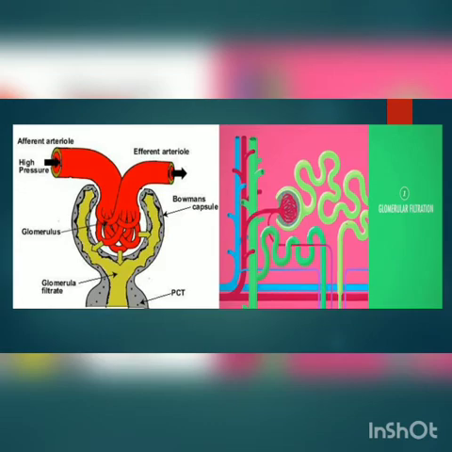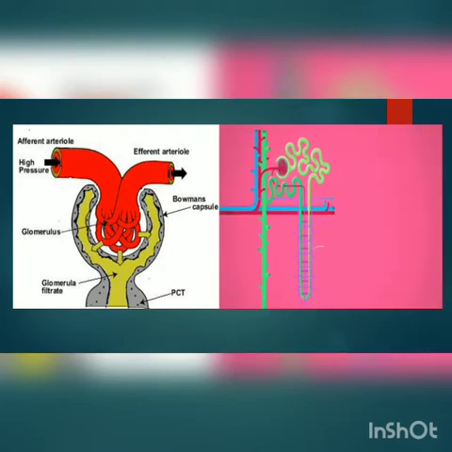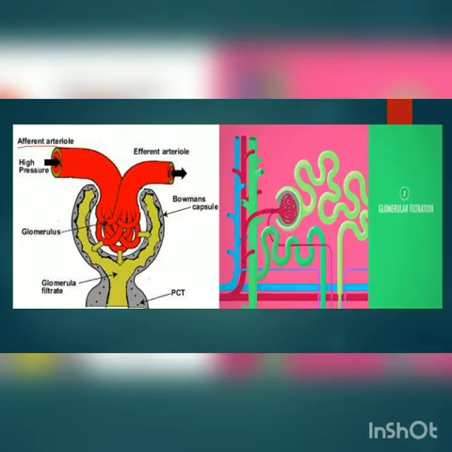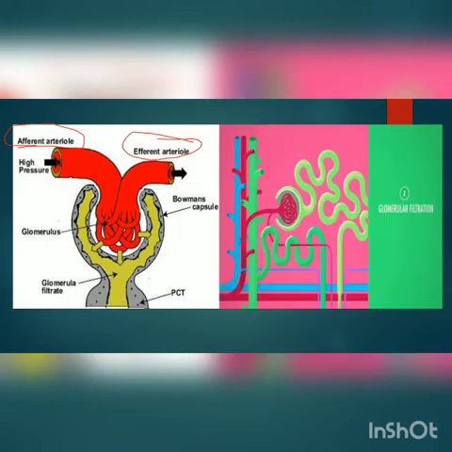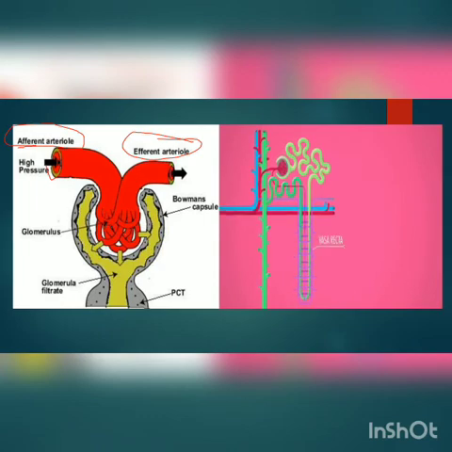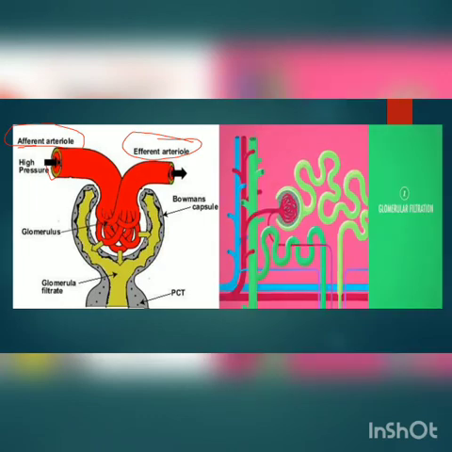Now after this glomerular filtration, next we will come to the tubular reabsorption. So here also in this diagram you will see the afferent arteriole and efferent arteriole. They have different diameters here. Here the diameter is higher, here the diameter is less. So more blood enters into the glomerulus here, then it goes out here, it exerts the pressure here, and that causes the filtration.